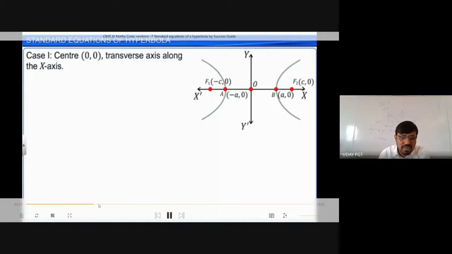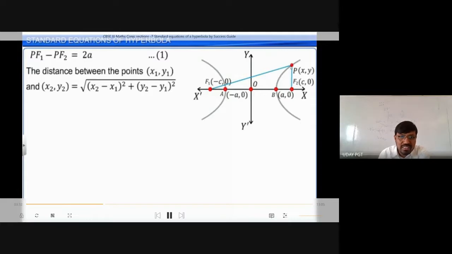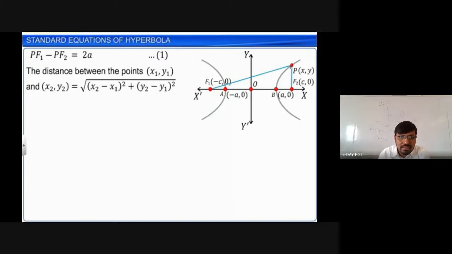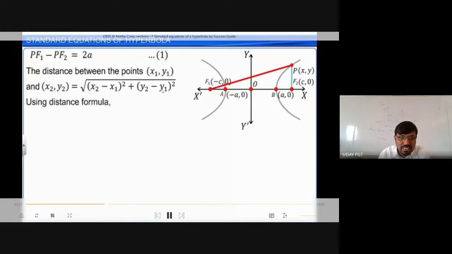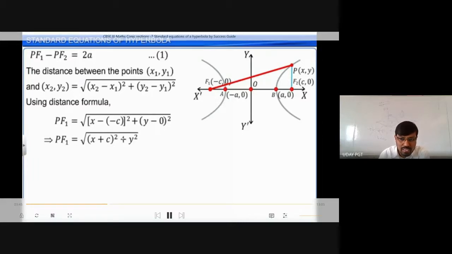In this situation, a common point is taken on the hyperbola. The distance of the point (x1, y1) from the foci, using the distance formula, we will find the PF1 distance, that is, square root of (x plus c) whole square plus y square.